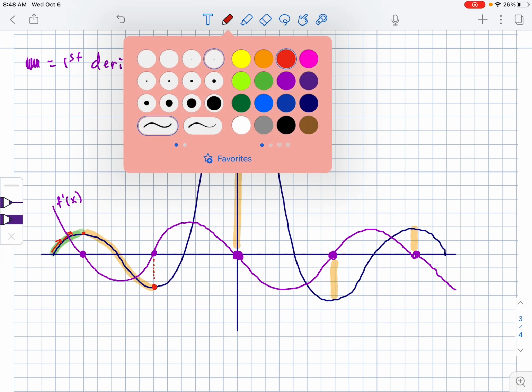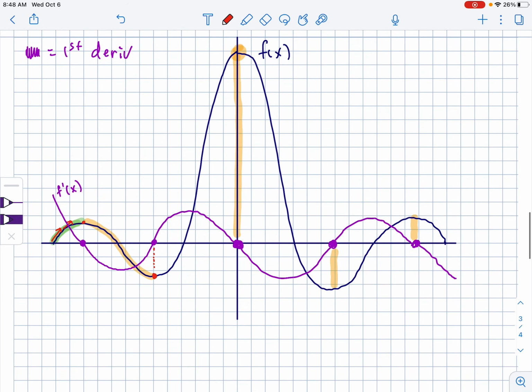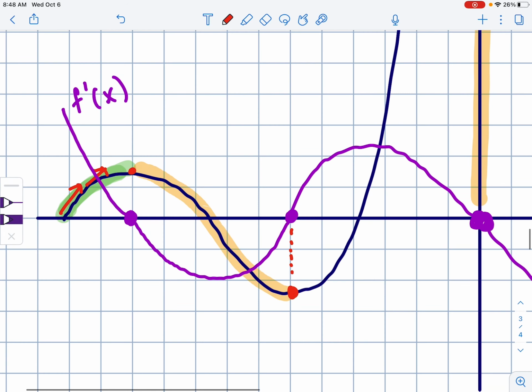Now, the second derivative, which we'll do in red, is 0 when the concavity of the original function switches. So if you look here, there are so many colors. This is all concave down, and this is concave up.